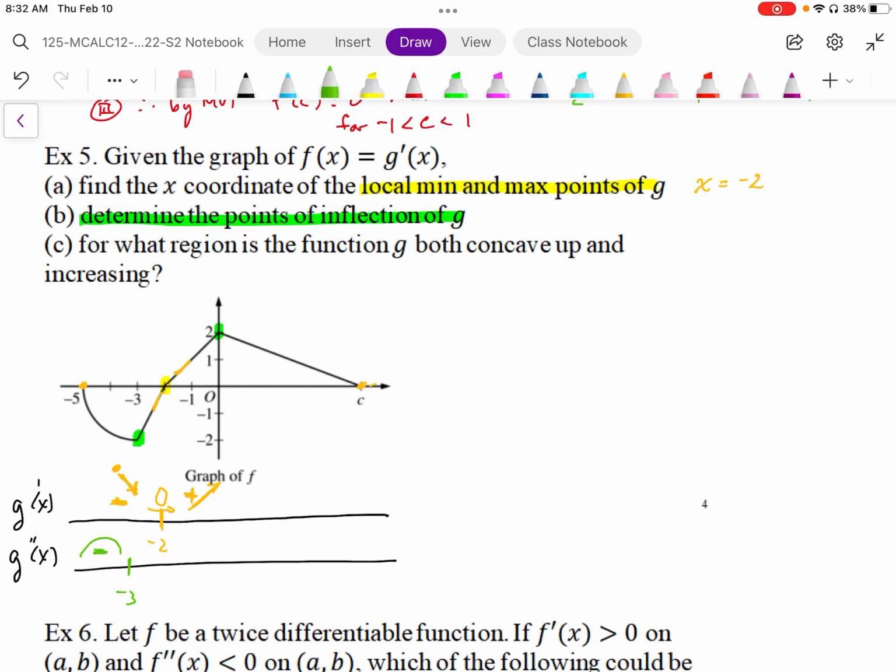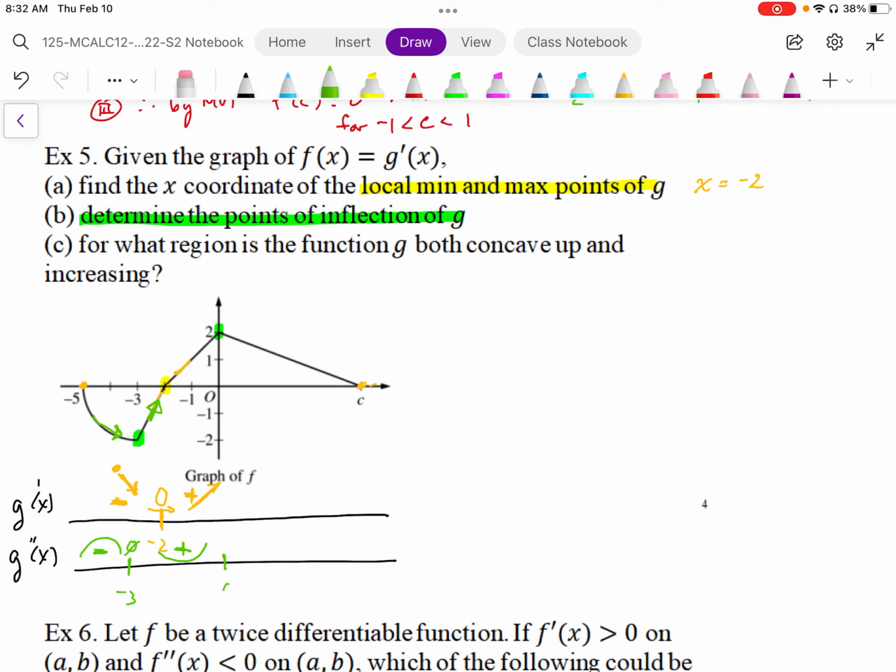That means we have a negative concavity here. Okay, that's undefined. But on the other side of this, so this is pointing down, so the slope of the slope is negative. Here the slope of the slope is positive. That means that the second derivative is positive, which means we have a concave up situation.